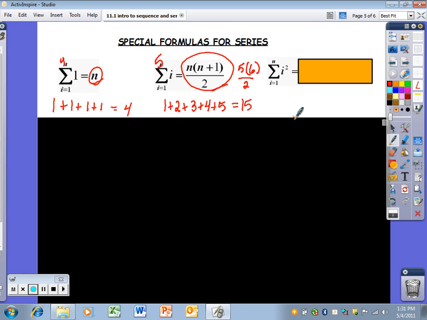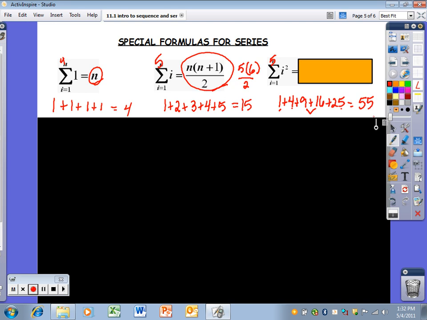And the last special formula is i squared. So the first 1 squared is 1, 2 squared is 4, 3 squared is 9, 4 squared is 16, 5 squared is 25. Let's just do 5 of them again. So here I have 5 and 25 is 30 and 25 is 55.